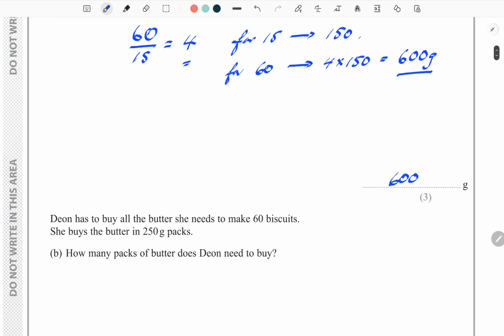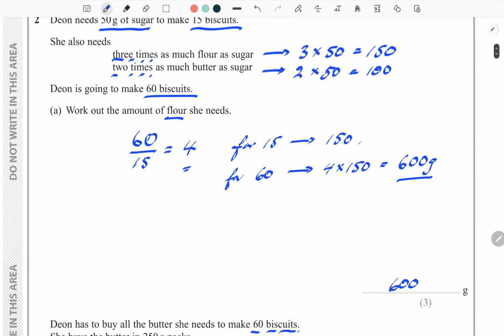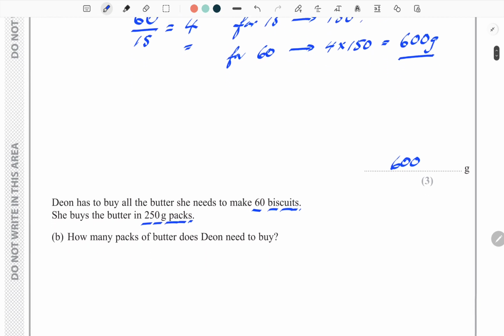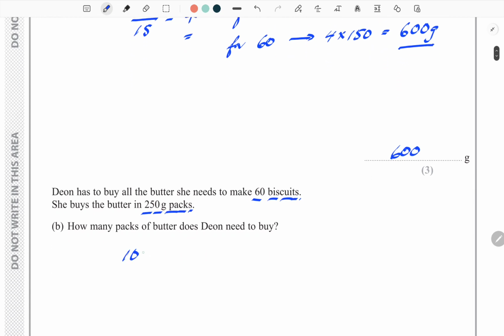And then Dion has to buy all the butter she needs to make 60 biscuits. So in this one, we need to find out how much butter first, and then work out how many packs, because it says each of the packs are 250 grams. So remember, it was 100 grams for 15.